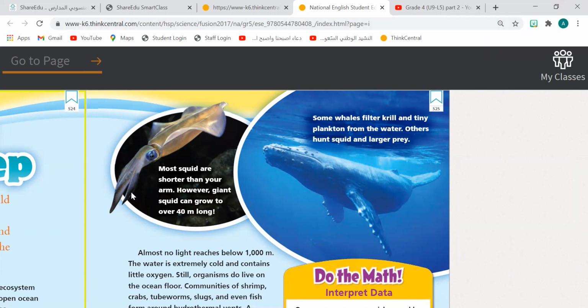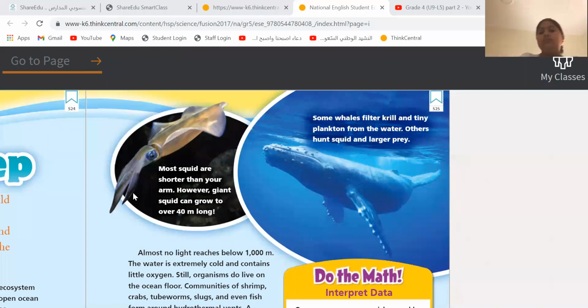This is a squid. Can you see the picture of the squid? I need to see you guys. Please open your cameras. Okay, normally they are shorter than your arm. Look at your arm and look at the squid.